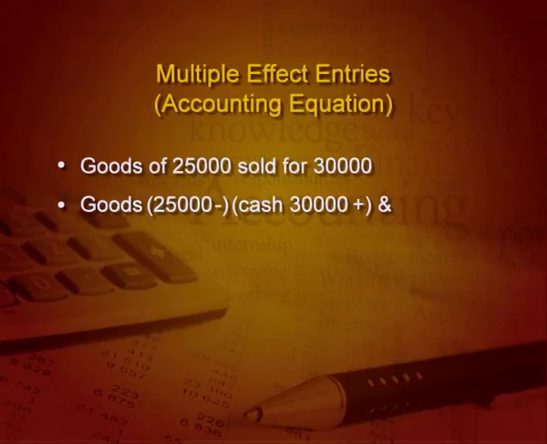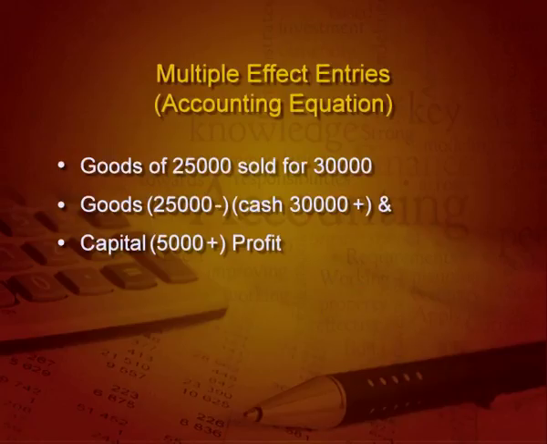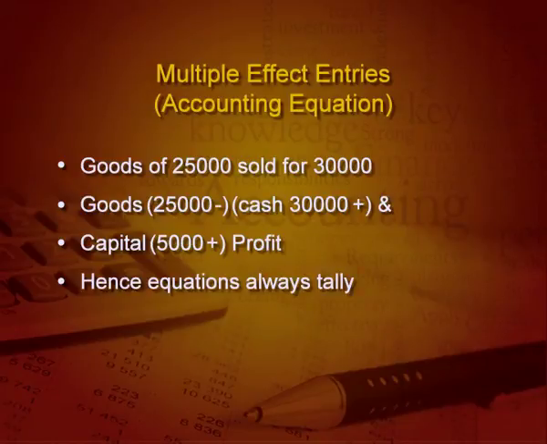So, you see on the asset side 25,000 is minus, 30,000 is plus. So, the net effect is 5,000 plus and on the other side capital has also increased by 5,000. So, again the equation is tallying. All the entries tally this equation, that is why this is called the balance sheet equation, the accounting equation.